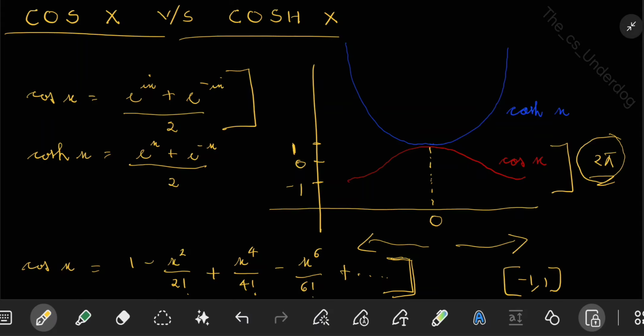So cos h is always greater than or equal to 1. It is not a periodic function. It does not repeat. It grows exponentially as the value of mod x increases. The reason I said mod x is that even if it is negative or positive, when the value of x grows, cos hx grows. Okay.